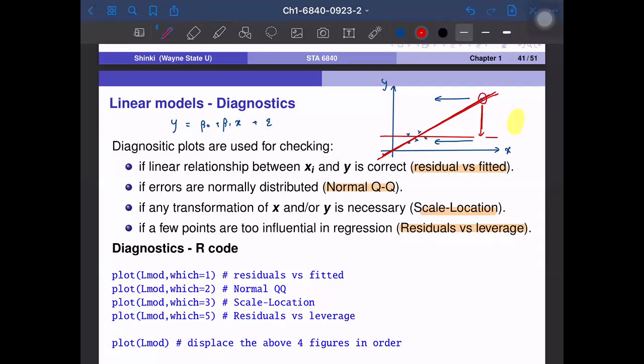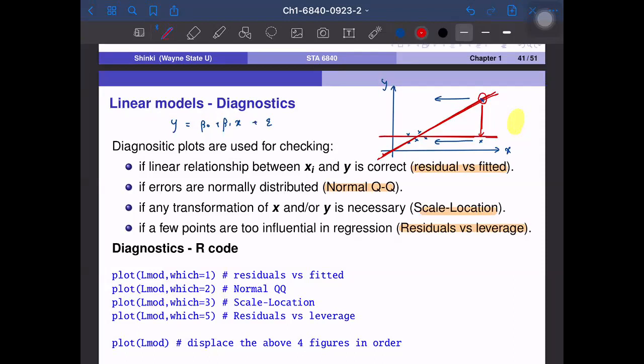But actually this regression line is influenced a lot by this one observation. Because when this observation moves to here, the regression line changes dramatically and we get this regression line.